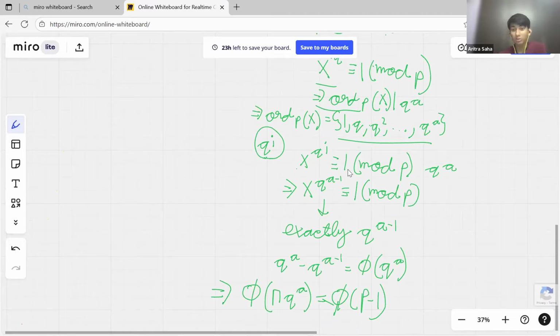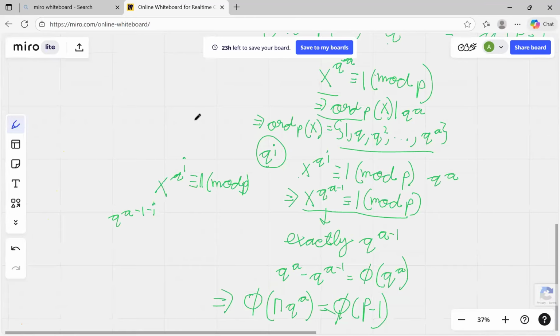So you have x to the power q to the power i is 1 mod p. And you raise to the power q to the power a minus 1 minus i on both sides. This will obviously become 1 because 1 to the power anything is 1. So that will make x to the power q to the power a minus 1 equal to 1 mod p.